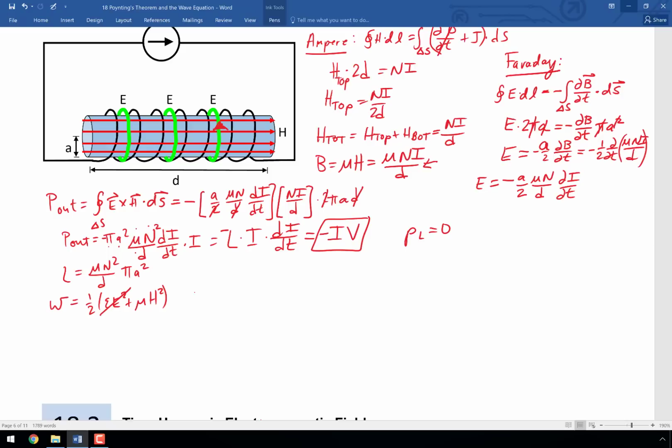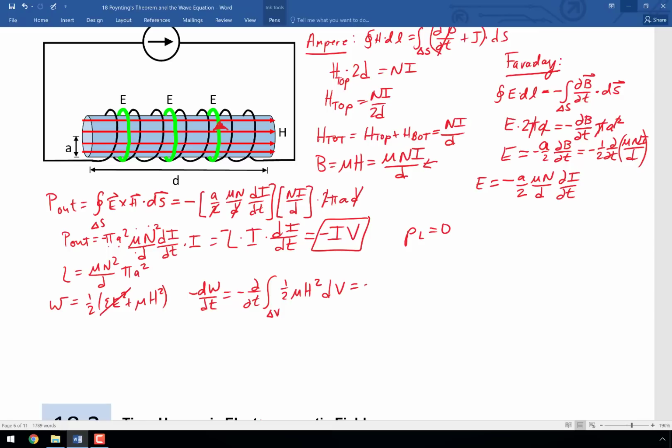So I can do minus dW dt, where that capital W represents the volume integral. So this is negative partial with respect to t of a volume integral of 1/2 mu H squared dV.